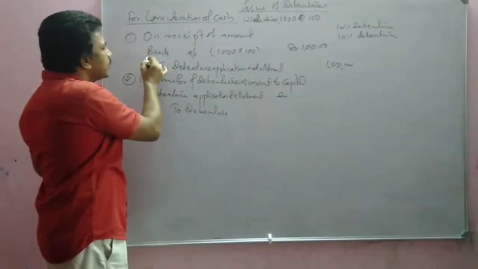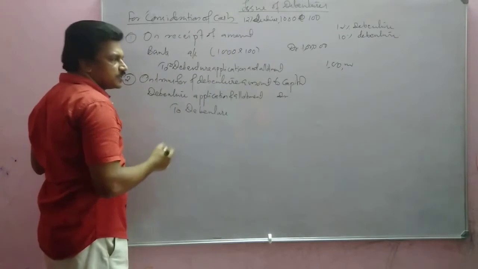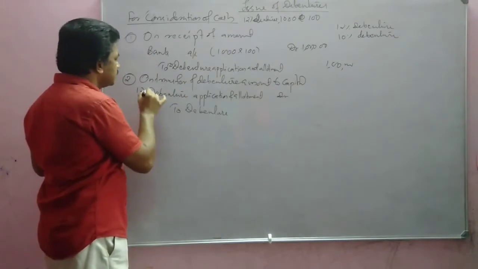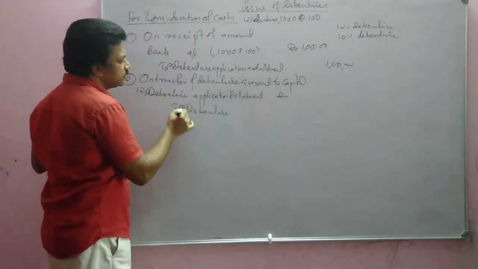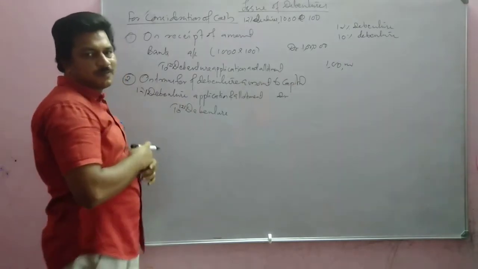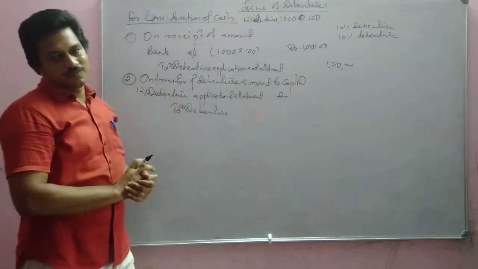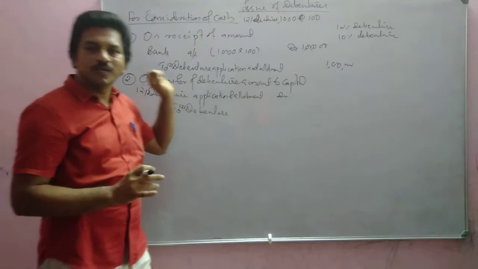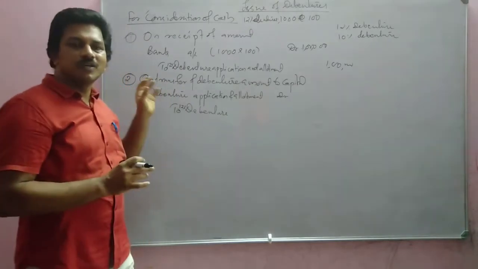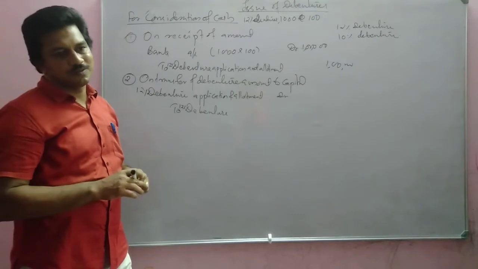What will be the journal entry? Bank account debtor to 12% debenture application and allotment. Again, 12% debenture application and allotment debtor to 12% debenture or debenture capital. So this is the journal entry at the time of issue of debentures. These two journal entries only are there when we issue debentures for consideration of cash.